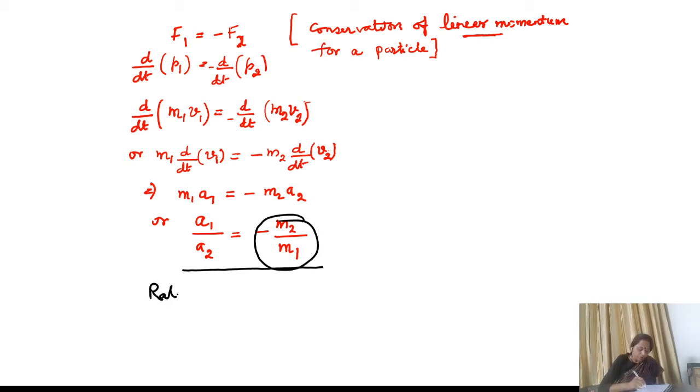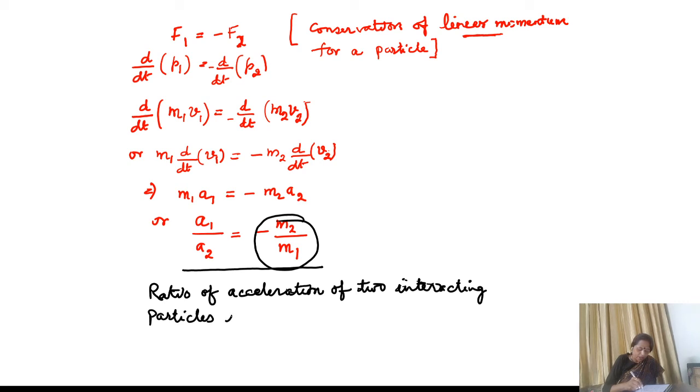So the ratio of acceleration of two interacting particles in an isolated system is constant.